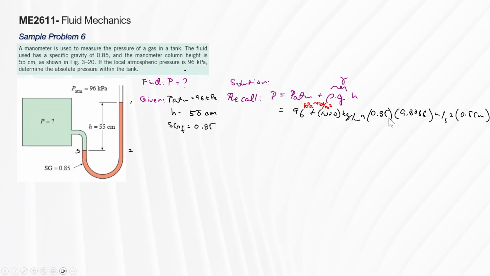That's basically 0.85, to get the density of the liquid. The 1,000 kg per meter cubed is our water, times 9.806 to get the specific weight. And then times the height, which is 55 centimeters. We will get an absolute pressure of 100.6 kilopascal.